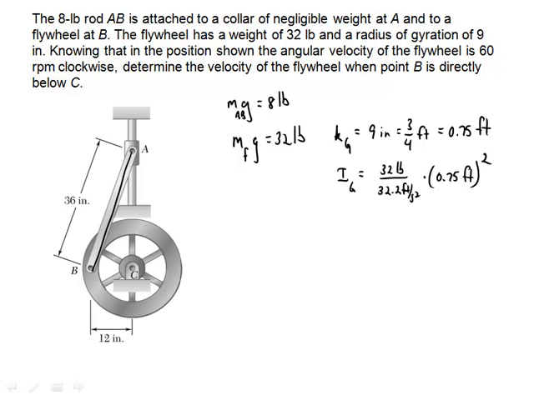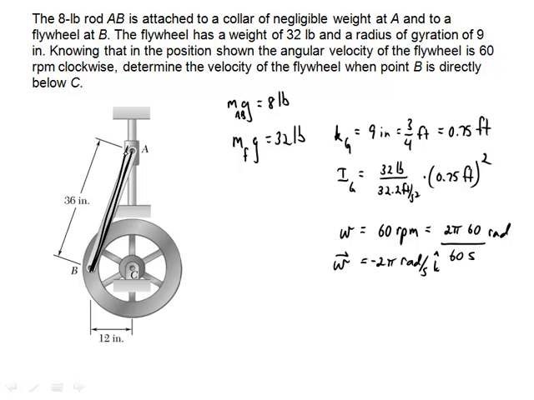In its current position, we're being told that it has a rotational velocity of 60 RPMs, so omega equals 60 RPMs, which is 2 pi times 60 radians per 60 seconds. And so this is 2 pi radians per second, and that's actually in the negative k direction. So this is the current position.